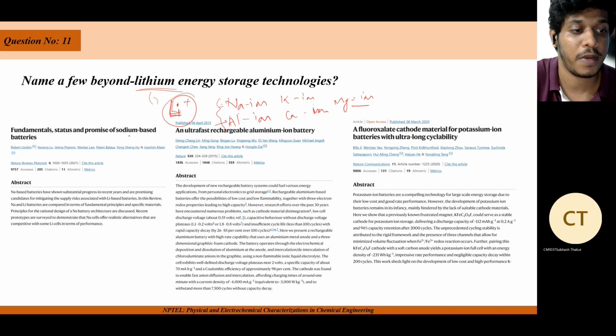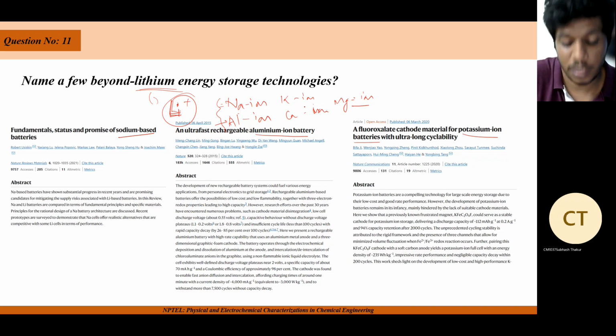You can see from these papers, all published in Nature, this is a sodium based, this is an aluminum based battery, and this is a potassium ion based battery. These are a few technologies that promise to be beyond lithium energy storage technologies.